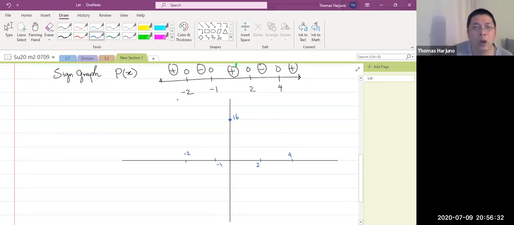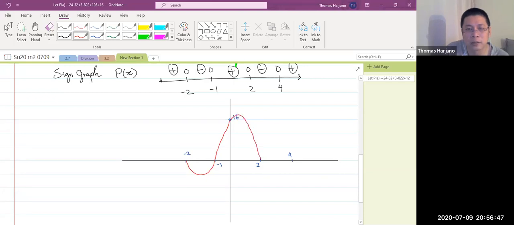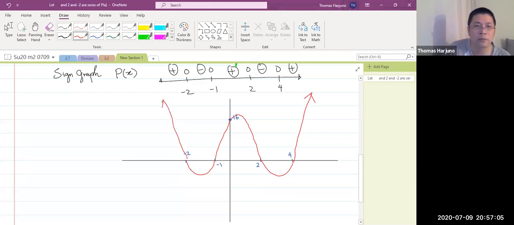Between -2 and -1, it's negative, so it must be below the x-axis. Between -1 and 2 is positive, which means it must be above the x-axis. From 2 to 4, it's negative, so it must be below the x-axis. From 4 to infinity is positive, so it will go to positive infinity here. And to the left of -2 is also positive, so it goes to positive infinity there. So that's what the graph looks like.